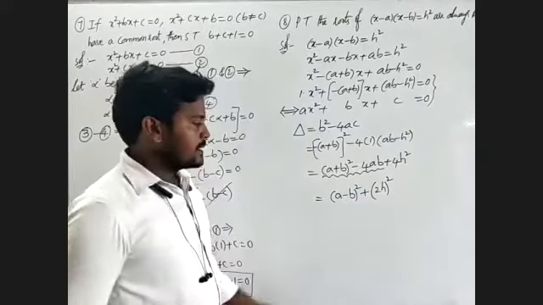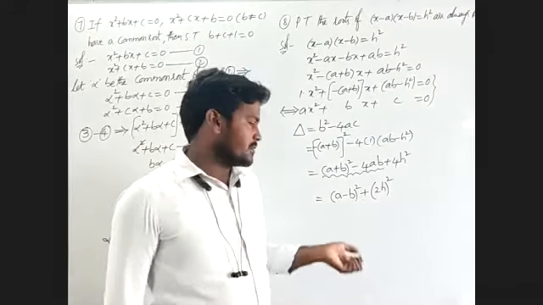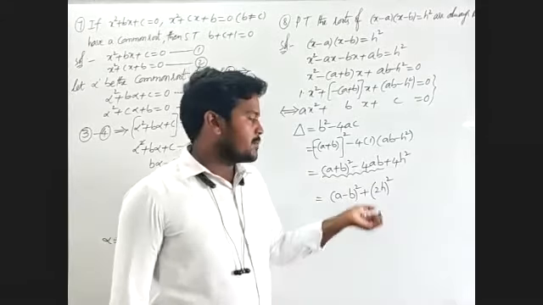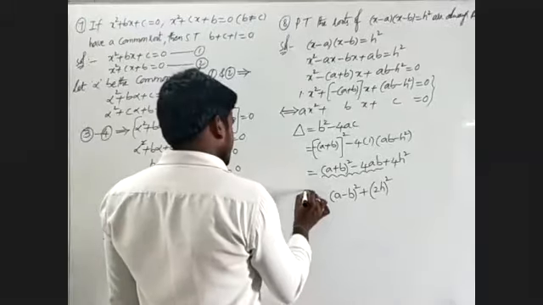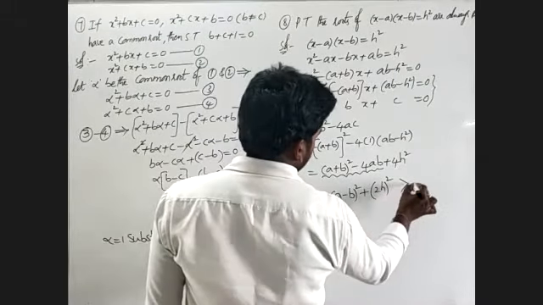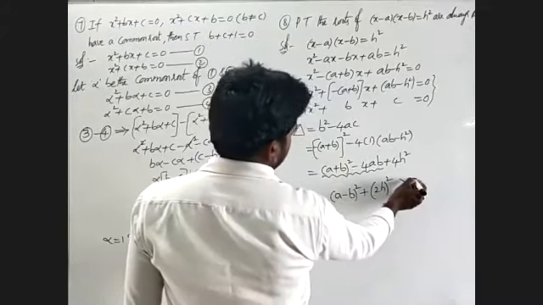We will observe this is also square, this is also square. The power of a negative square is also positive, the power of a positive square is also positive. That means this delta, both are square values, means given one is a greater than 0.